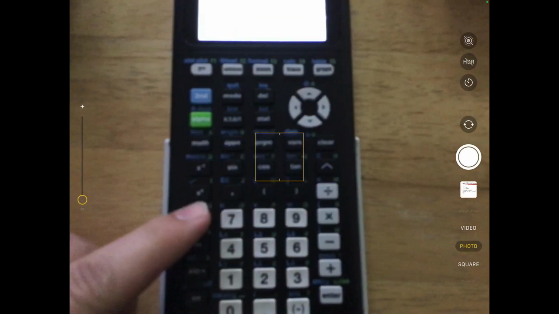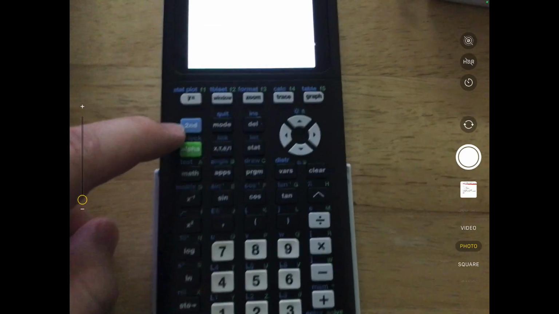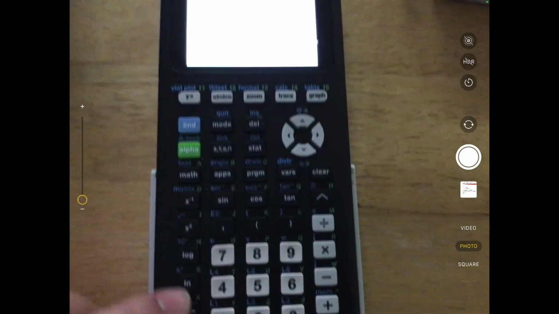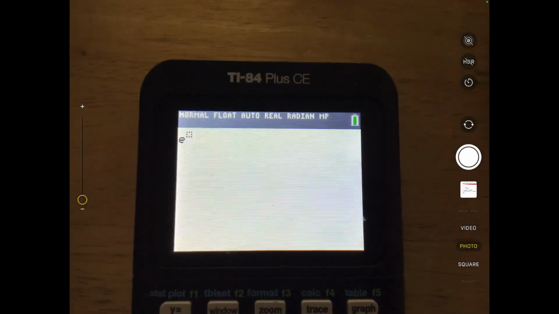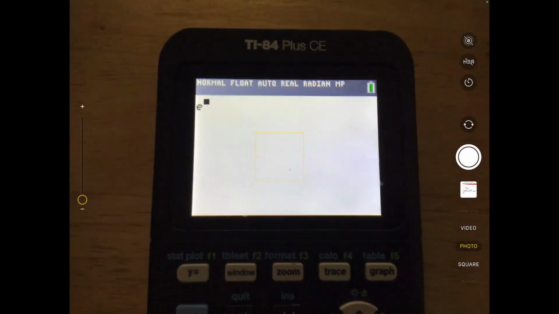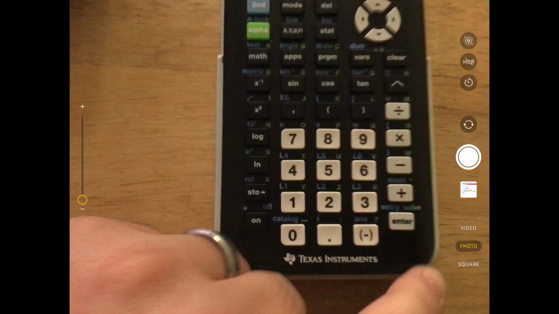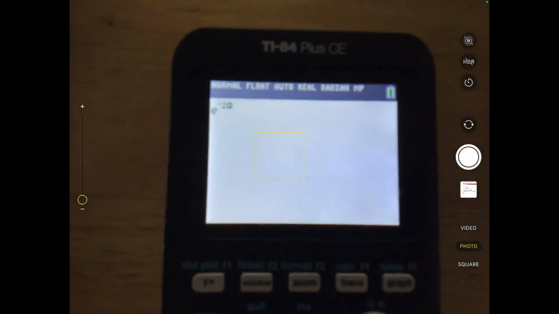The e to the x button is this one right here. It's in blue, so that means we have to hit the second key if we want it to show up, second, and then the e to the x. We click that, and you can see we have e and then a little box up there. That's where we're going to type in this case -2, just like that, and it will give you the value.